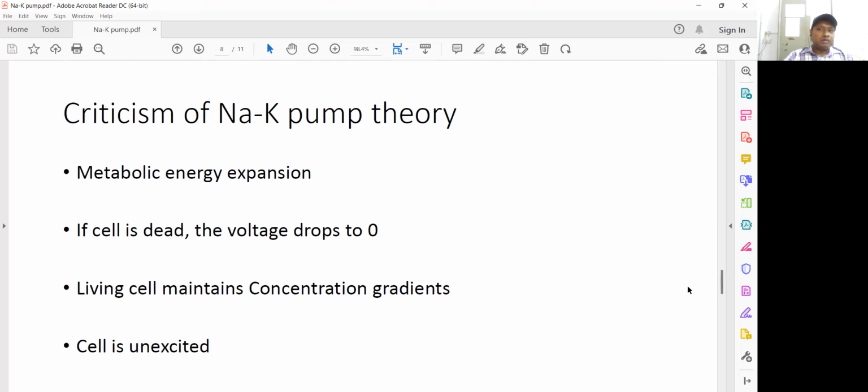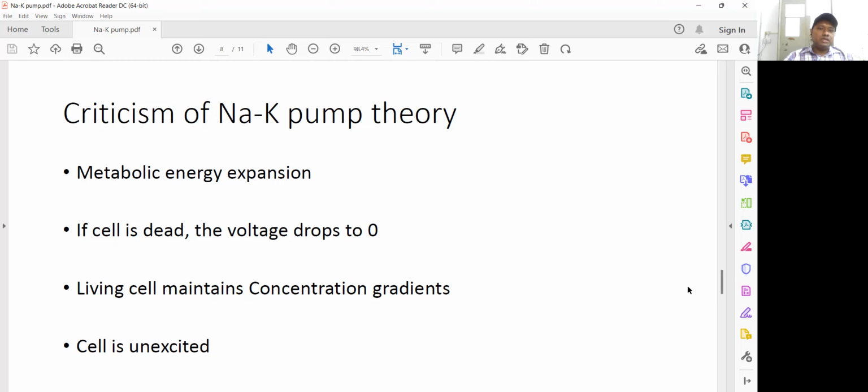The sodium potassium pump will not maintain its pumping. That means no ionic concentration gradient will be maintained, and that particular voltage will drop to 0. So if the cell is dead, the voltage will drop down to 0.